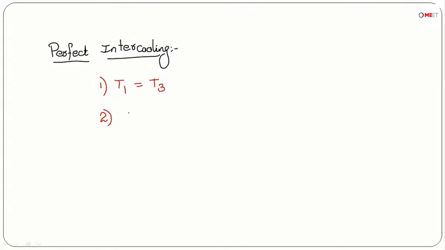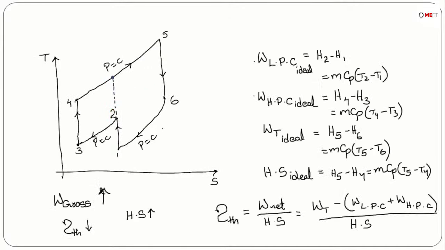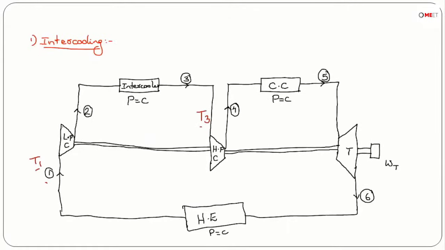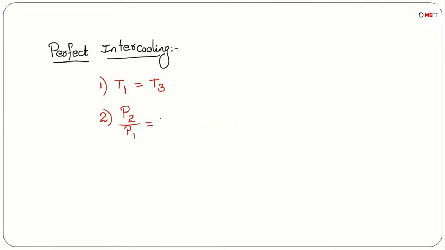That means the pressure ratio in the first compressor, the low pressure compressor, is P2 by P1, and this will be equal to the pressure ratio in the high pressure compressor, which is P4 by P3. So for perfect intercooling, the pressure ratio in both the compressors should be the same.